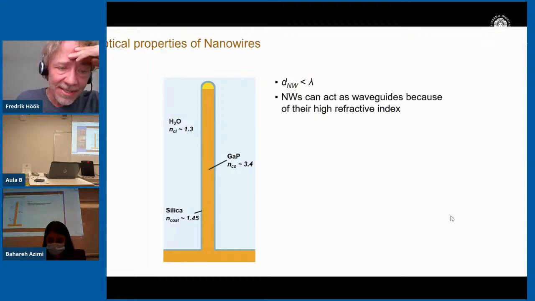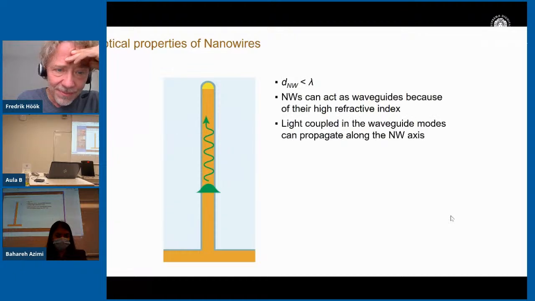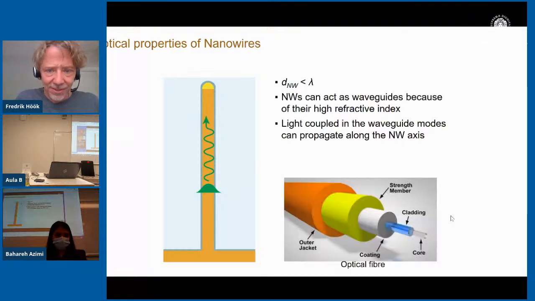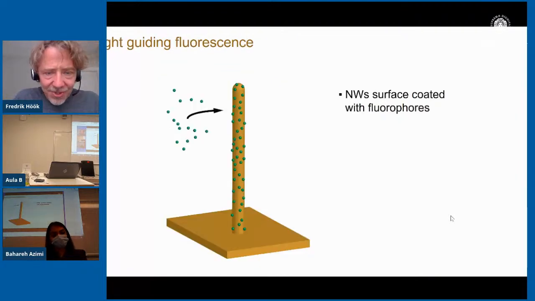And this is given by the fact that the refractive index of the semiconductor nanowires, gallium phosphide in particular, is significantly higher than that of the surrounding medium, water, 3.4 compared to 1.3. This incoupling is illustrated in this cartoon here. And that is in particular what is used to detect fluorophores at the surface of the nanowires.